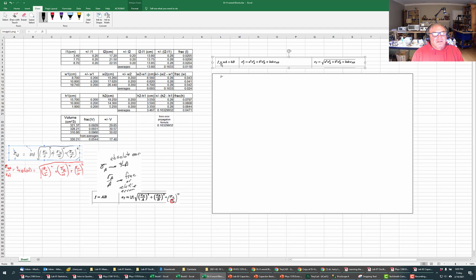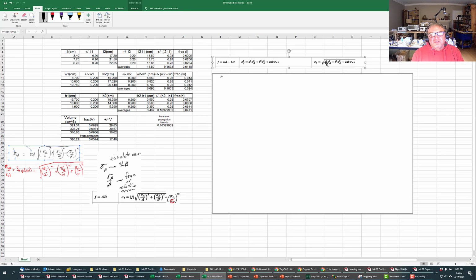And in that case, capital A was the first measurement and capital B was the second measurement, H1, H2, for example. And then little a and little b were each one. And then we always say that sigma AB is 0 for us.